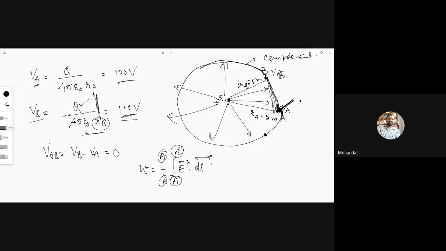So the limits are the same. What will be the value of this integration? According to mathematics, what is the value of the work done?